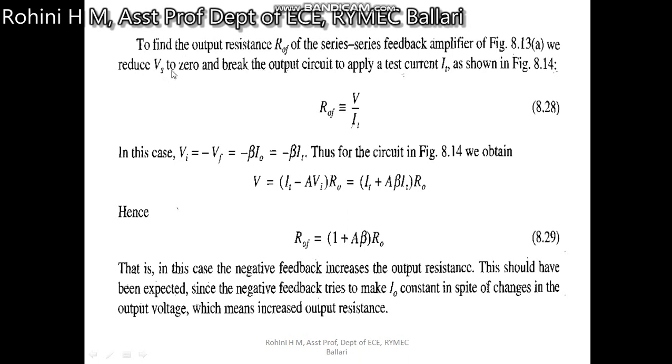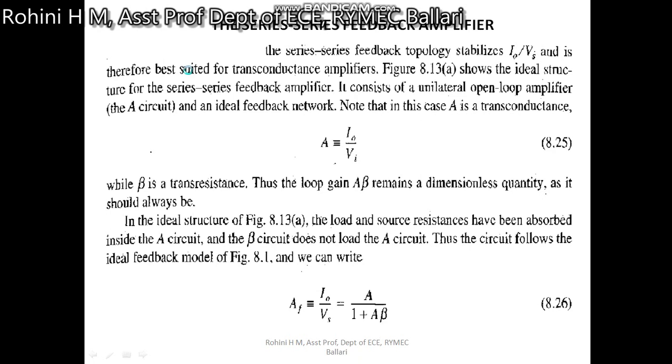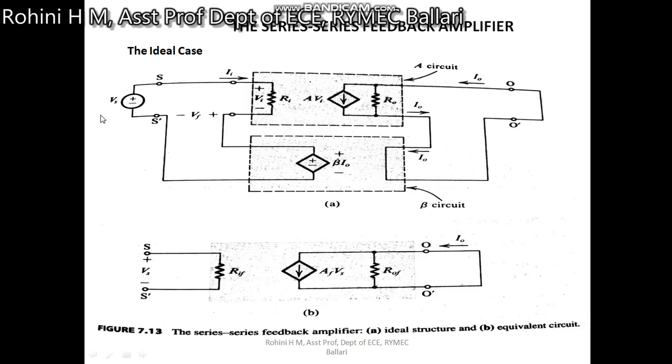Now we are eliminating this source, that is, we are setting the Vs source to 0. So what can we write? In this basic diagram, the source voltage is not there, so it is connected as a short circuit. At that time, what is the effective input voltage?